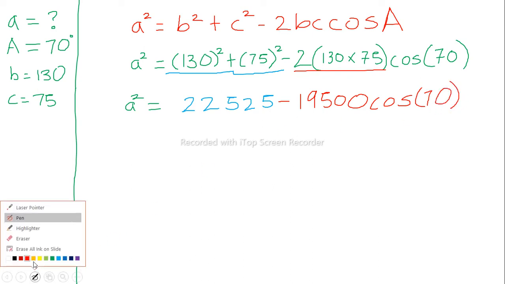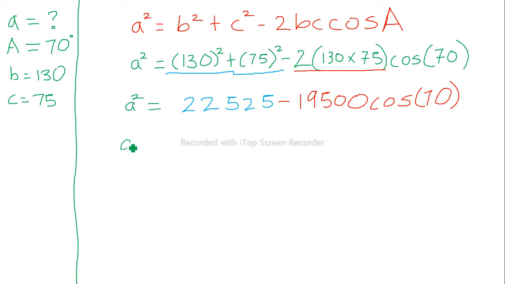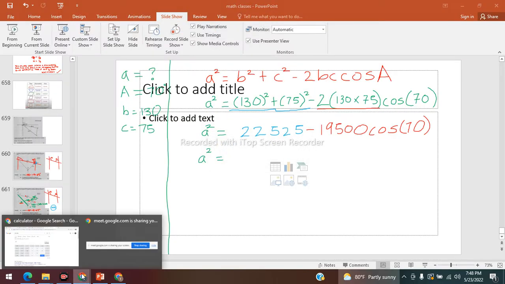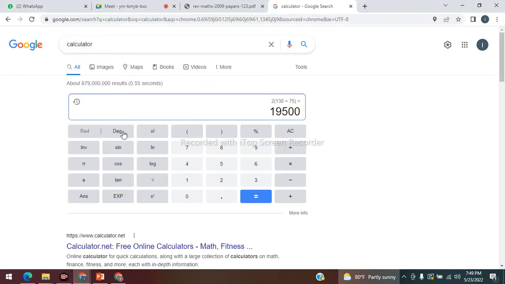Good, and so now we have A squared equals 22,525 minus 19,500 cos of 70. To get one solid answer, make sure our calculator is on degrees, not radians. So we have 22,525 minus 19,500 cosine of 70.